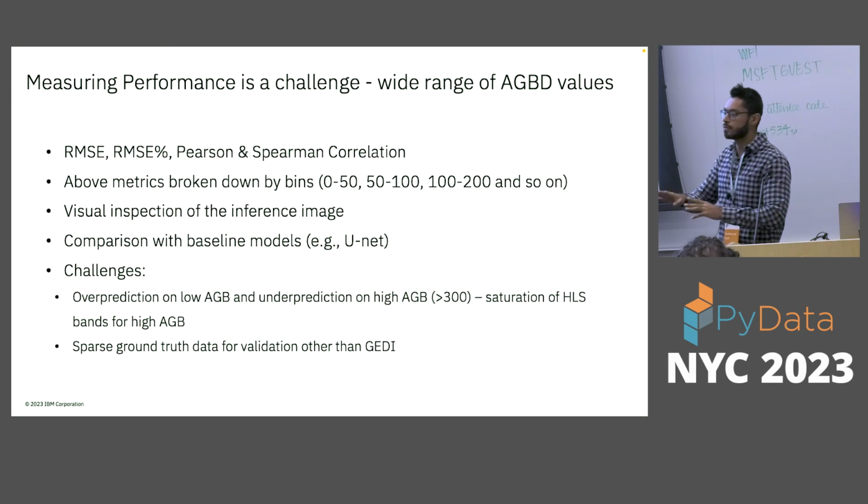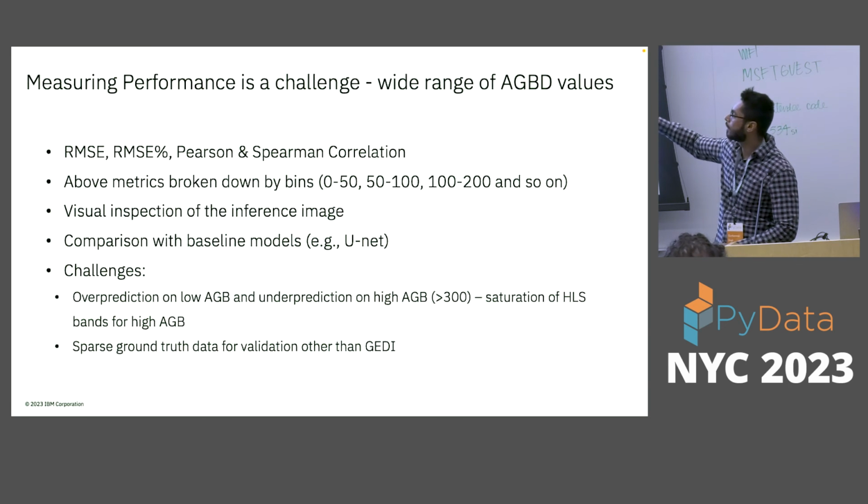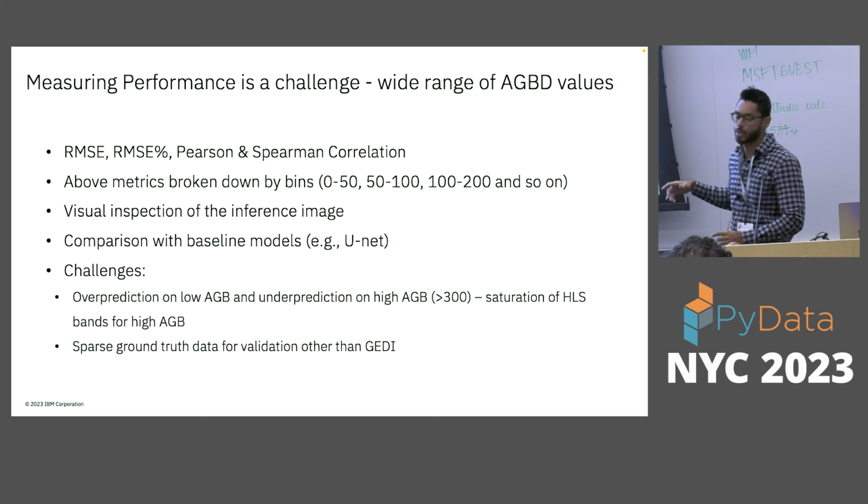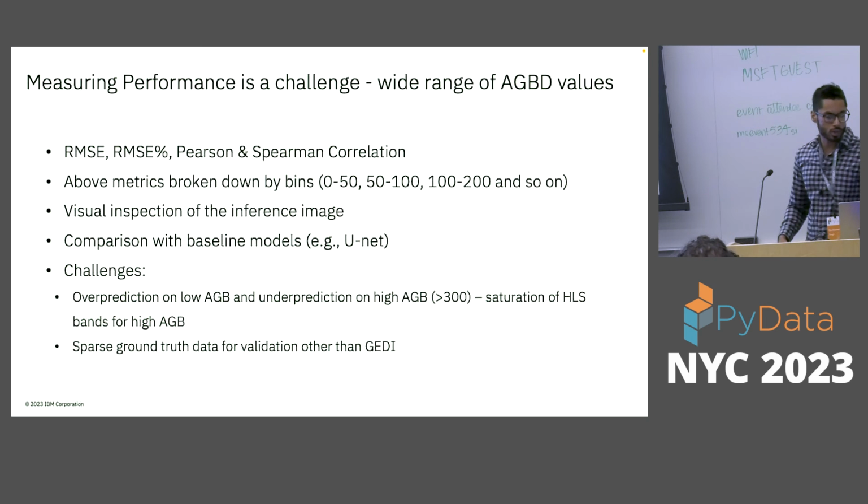If something doesn't feel right, even if your RMSE numbers are very good, we can't say that the model predicted very well, because the spatial distribution looks off. So we have to look at all of these aspects of the model, and for each model we look at these different results and then determine which is the best one.